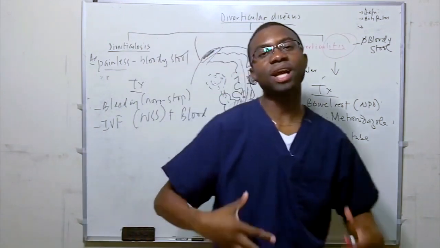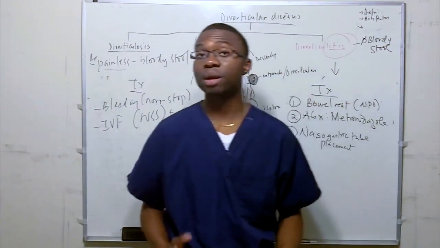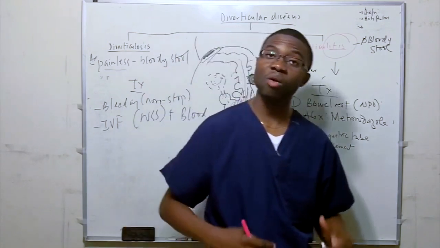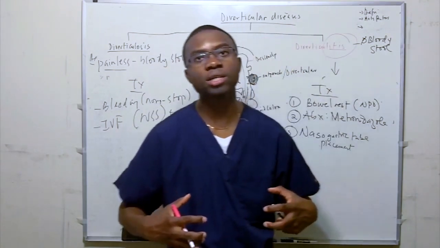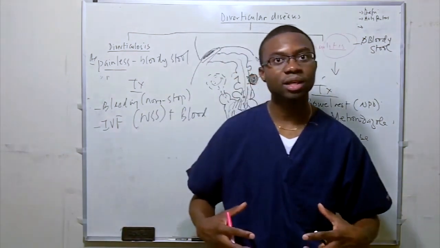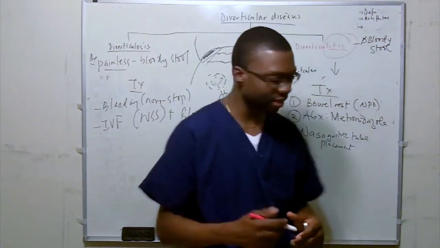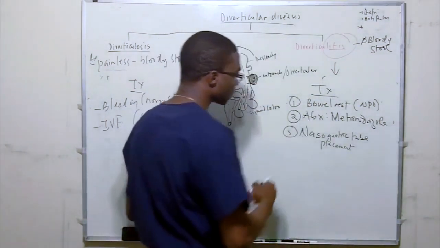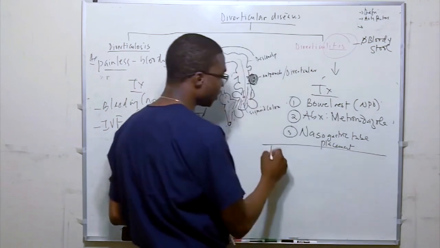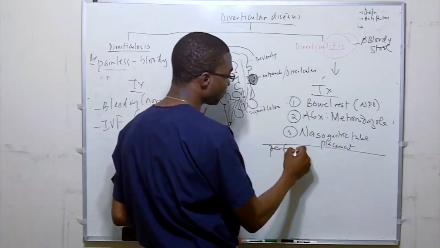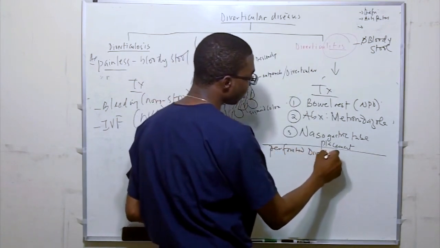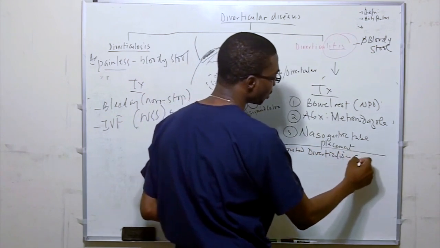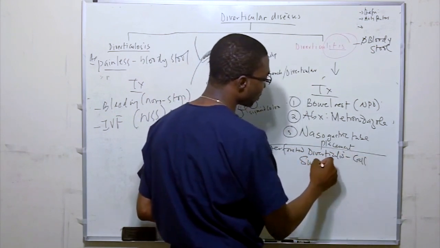When it perfs, now they're going to have a rigid abdomen. It becomes a surgical problem because now the abdomen is so hard, with involuntary guarding because of the inflammation of peritonitis. So if this perfs, a perforated diverticuli, please call surgery. They're going to the operating room.